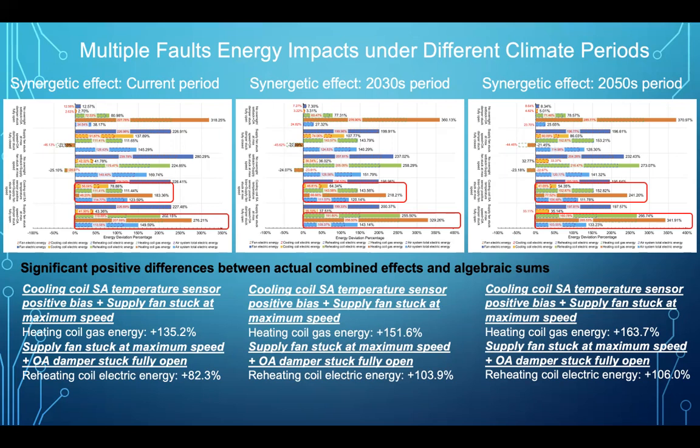In addition, the combination of supply fan stuck at maximum speed and outdoor air damper stuck fully open also led to the most significant increase in the deviation for reheating coil electric energy.